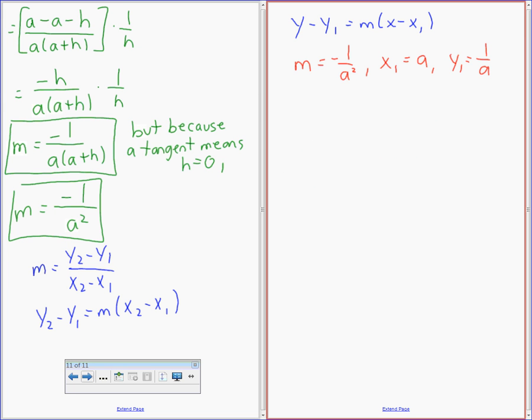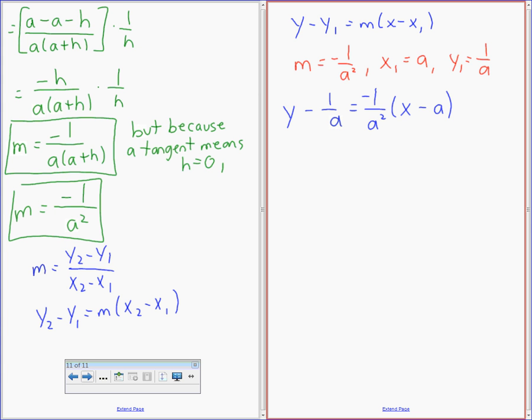Okay, so let's sub some numbers in here. How are we doing for time? Good. So I'm going to sub things in as quickly as I can. y minus 1 over a equals negative 1 over a squared times x minus a. Can someone be brave and distribute anything if they can?